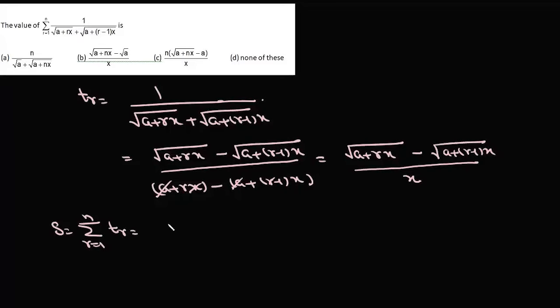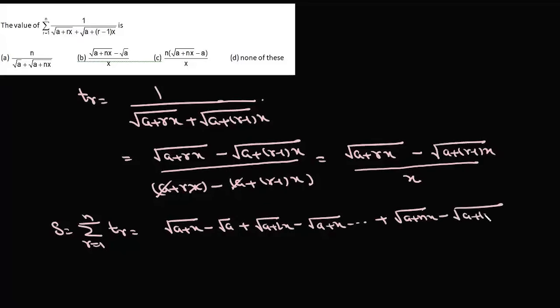Now we put r as 1, it will be under root of a plus x minus under root of a, plus under root of a plus 2x minus under root of a plus x, and we'll continue up to under root of a plus nx minus under root of a plus n minus 1 x, and we have this x for all the terms.